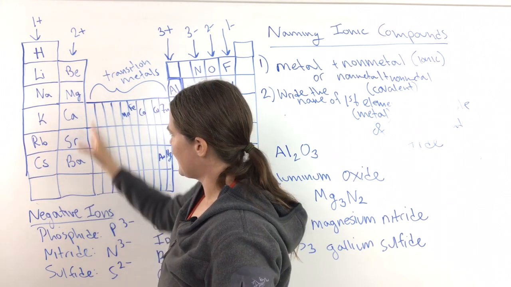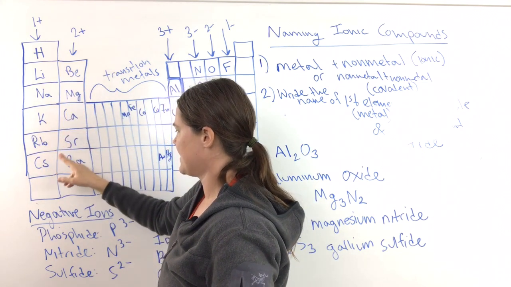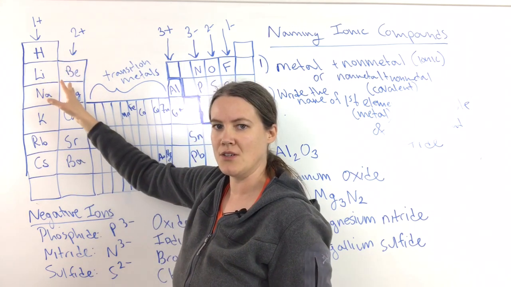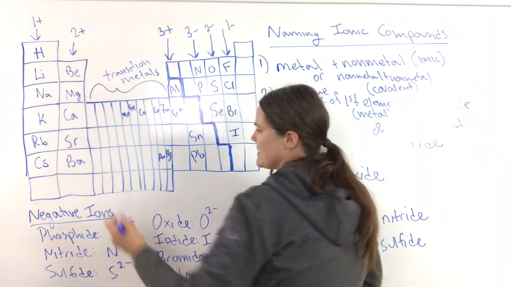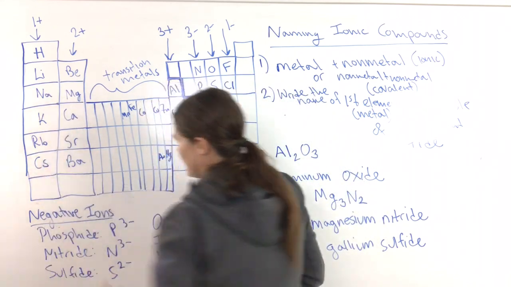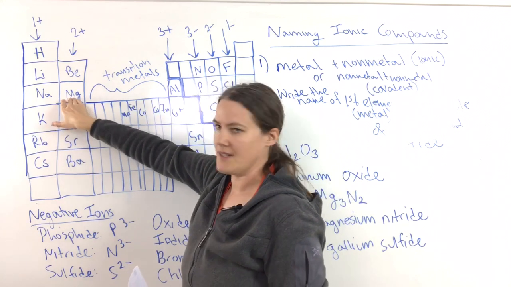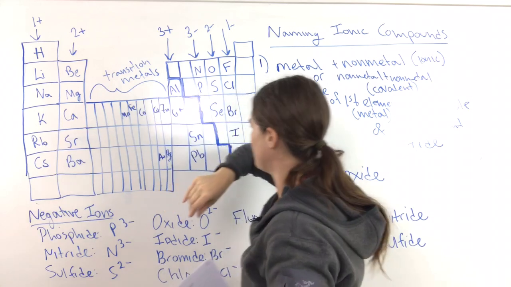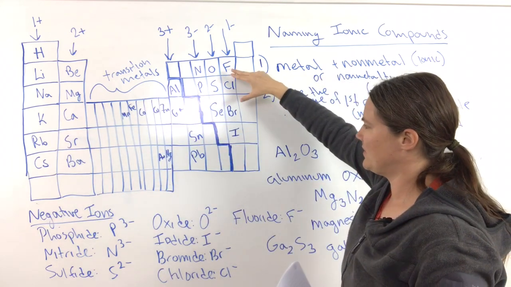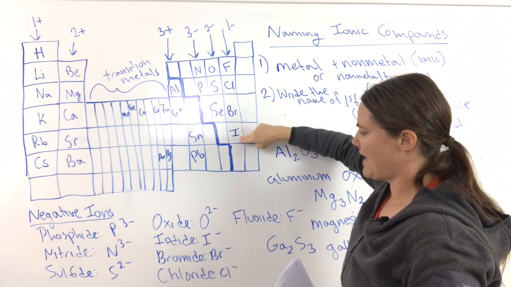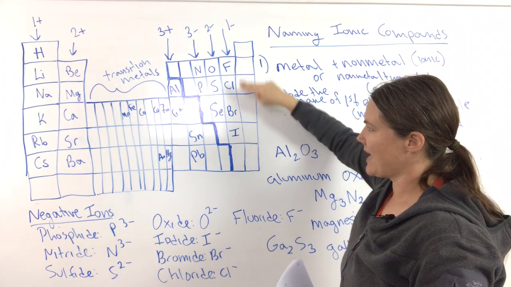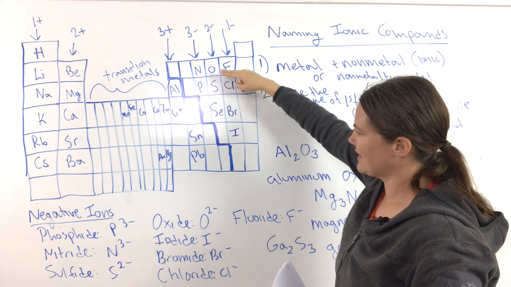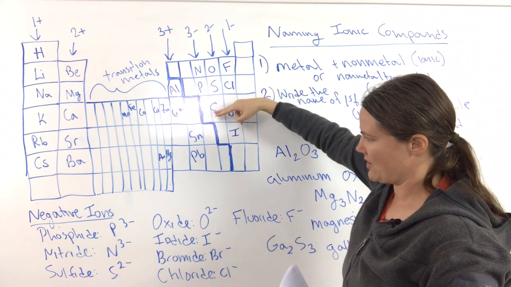All of the ions that I have here, so beryllium, magnesium, calcium, strontium, and barium, are all going to form a +2 charge. So you're not going to see a variation of the charge with magnesium. Magnesium is always going to have a +2 charge. And then coming over here, fluorine, chlorine, bromine, and iodine are always going to have a -1 charge. Oxygen, sulfur, and selenium will always have a -2 charge.